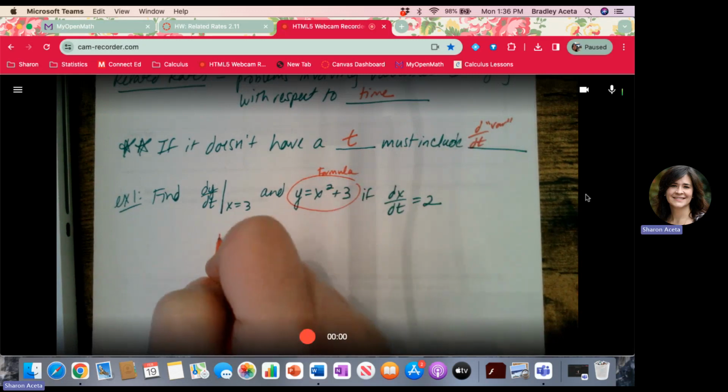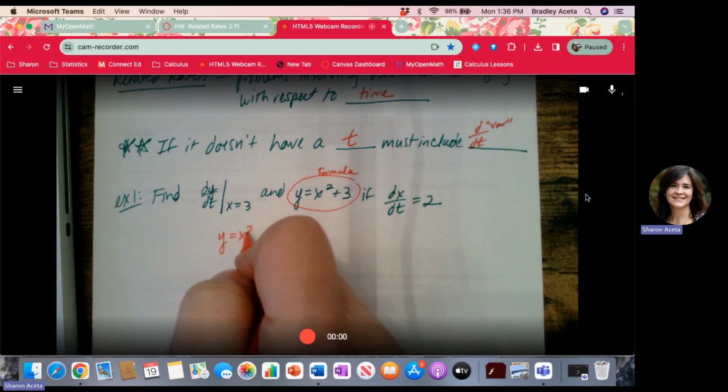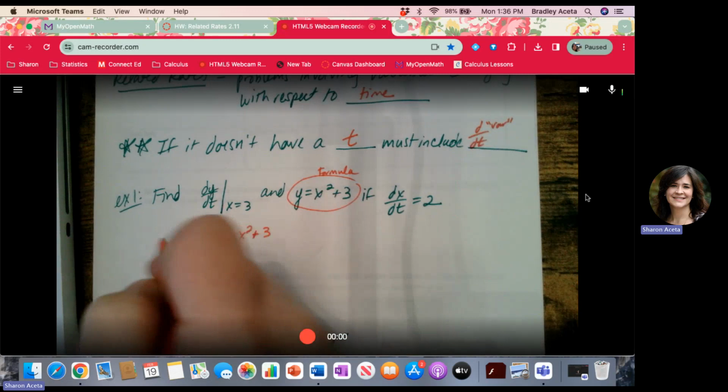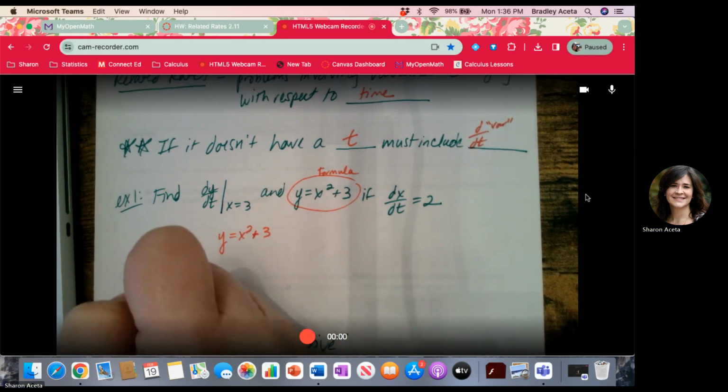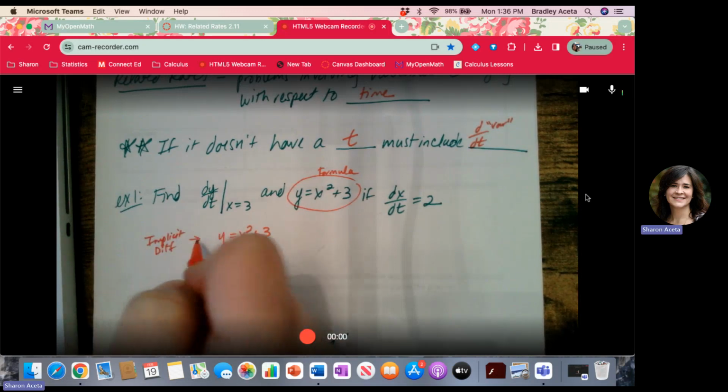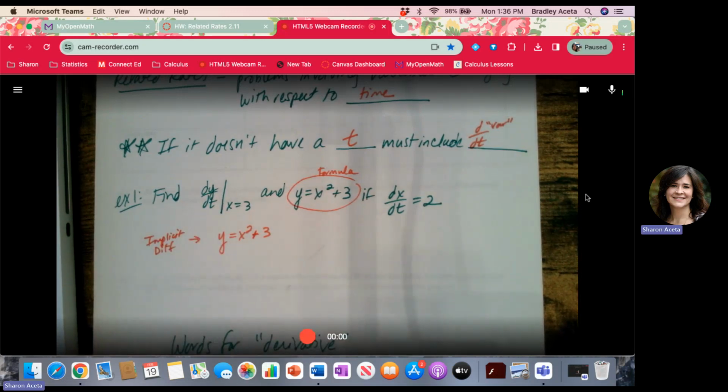So we're going to write that down, y equals x squared plus 3. And we're going to use implicit differentiation to take the derivative of this, but with respect to time, with respect to t. So anything that doesn't have a t, you need to attach the variable dt, whatever the variable happens to be.